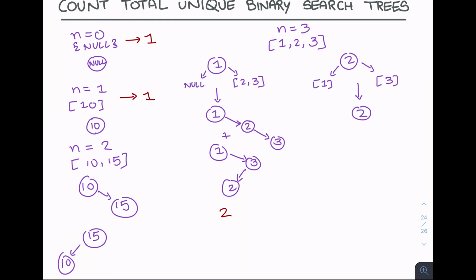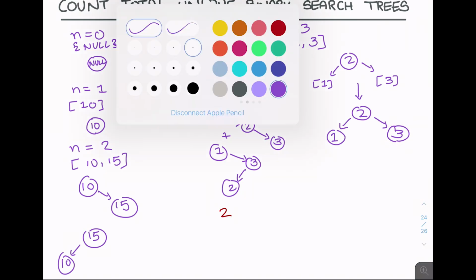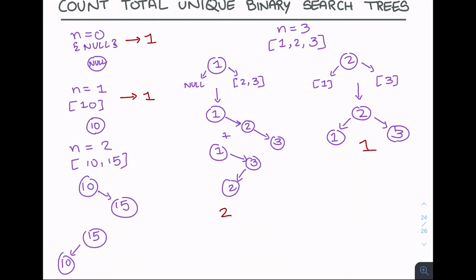Expanding this out, the only subtree that you can make with one node is the node itself, which will be 1, and the node itself for the right subtree as well, which will be 3. So if the tree is rooted at 2, the only option for the left and right subtree are the nodes themselves, which gives us a total of 1 possibility when we root at 2.